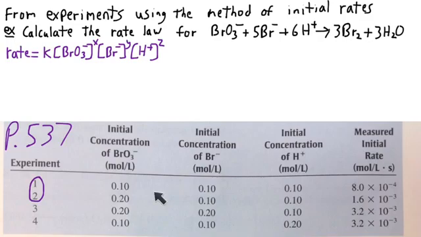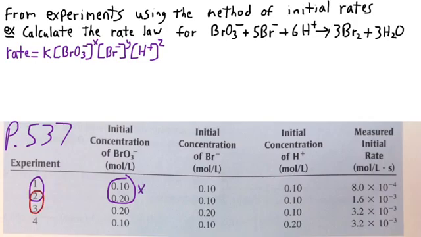So we can see that bromate is doubling. And so then we look at the rate. This would be 16 times 10 to the negative fourth and 8 times 10 to the negative fourth. So that means it's doubling the rate. So when the concentration of bromate doubles, the rate doubles also. That means that the reactant order is 1.